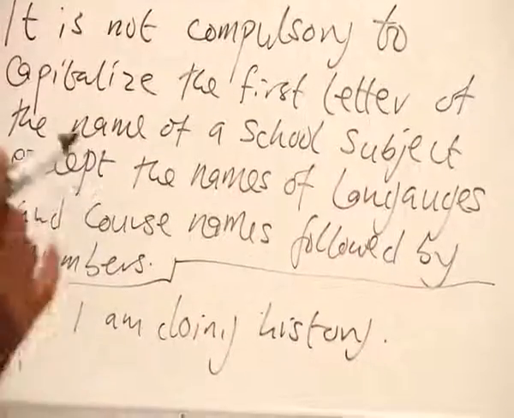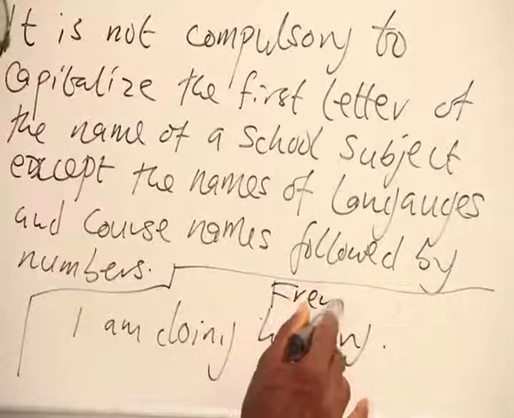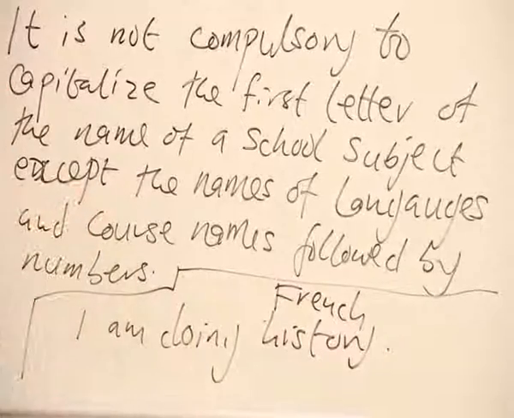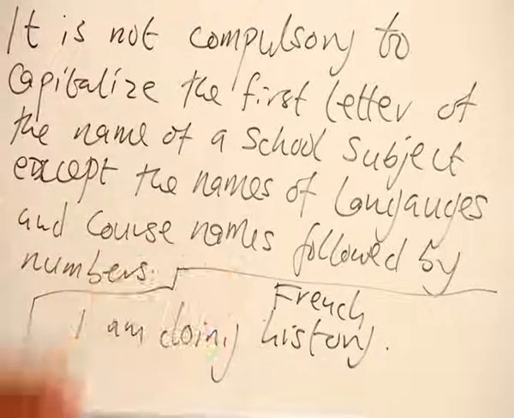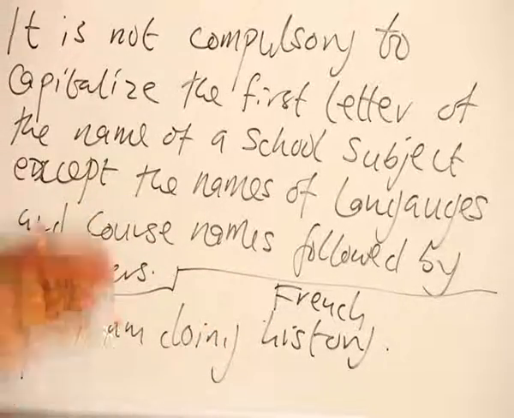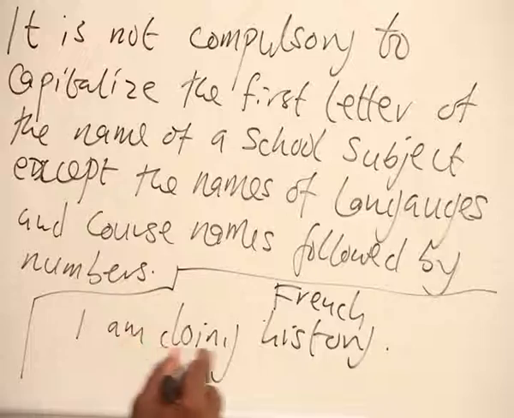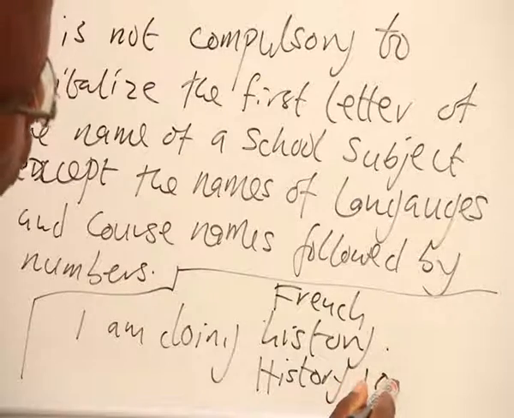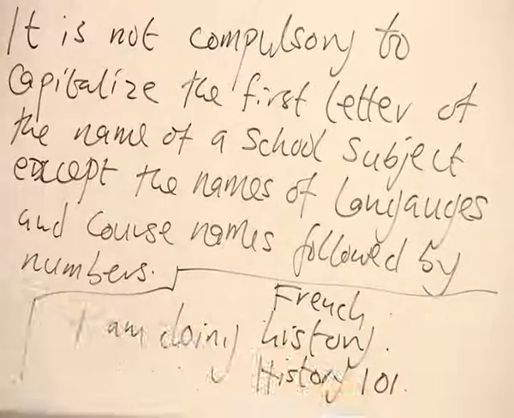However, if in place of history you want to write I'm doing French, French will begin with a capital letter based on the rule that it is a proper adjective formed from the proper noun France. So it will take a capital F. But if it's just the name of the subject, it is not compulsory to write history in a capital letter. Again, except if it is followed by a number, such as I'm doing history 101. Then what you have will be a capital letter H because of the number that is following it.